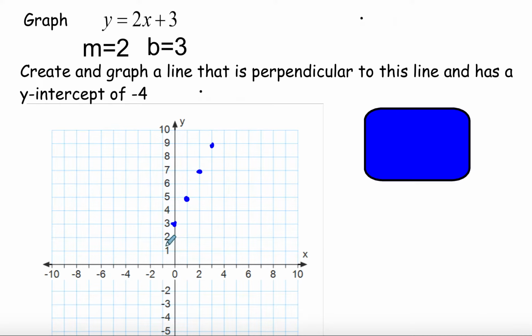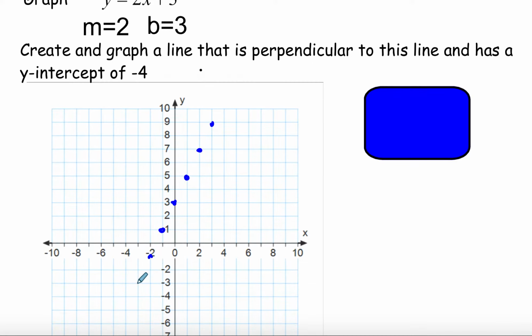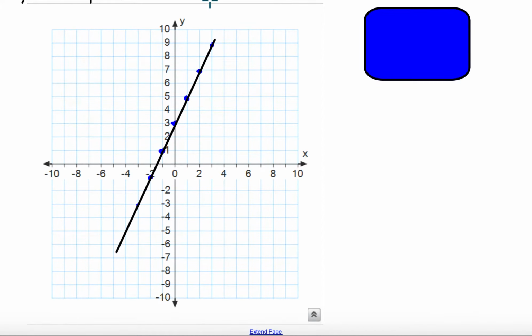I'm going to go all the way up, and let's go all the way down here. Put a whole bunch of dots on the graph, make it look really nice. Alright, get my trusty little line creator out, draw a line, stretch it all the way out. Something like that.